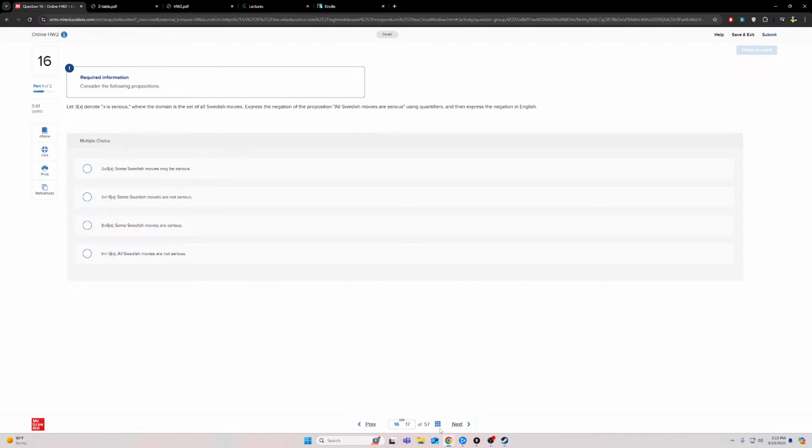Consider the following propositions. Let S of x denote x is serious. The domain is all Swedish movies. Express the negation of the proposition all Swedish movies are serious using quantifiers. Then express the negation in English.